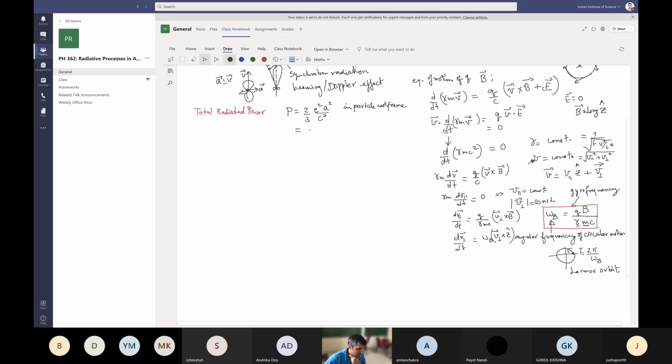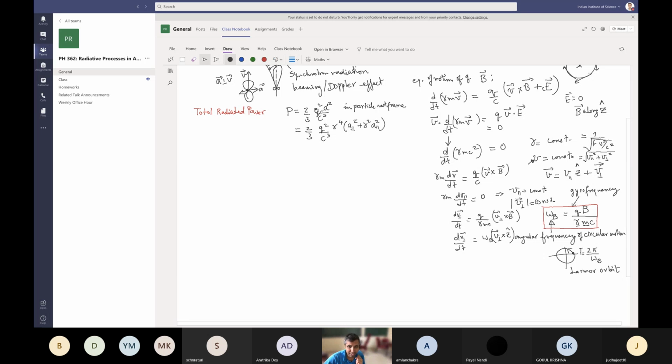And this was equal to 2/3, I'm actually using E and Q interchangeably, but let me retain Q because it is applicable generally. So Q square, and it's also consistent with the book, E square by C cube. If you recall, when we did this, this was A prime. A prime is the particle rest frame acceleration, but we can write it as gamma to the 4 A perp square plus gamma square A parallel square.